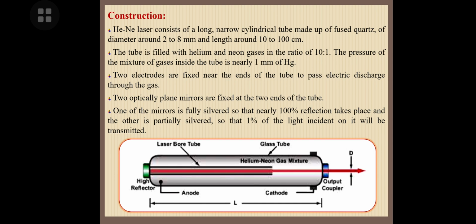One of the mirrors is fully silvered so that nearly 100% reflection takes place, and the other is partially silvered so that 1% of the light incident on it will be transmitted. This is the construction of the helium-neon laser. This is the anode and cathode, and this is the glass tube.